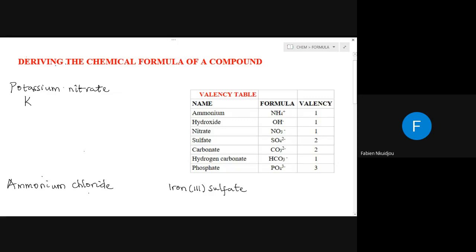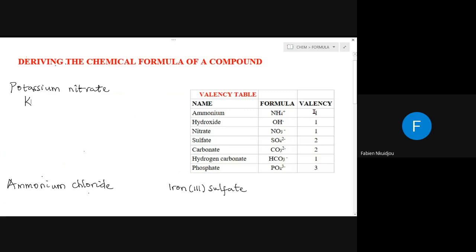Okay, now nitrate is a compound ion, so let's look at it here. We have here the nitrate, and that is the formula. We're going to forget about the charge now. The charge gives us an idea of the valency. And take note, you should not be confused. The charge here is +1, but the valency is 1. Valency is neither positive nor negative.